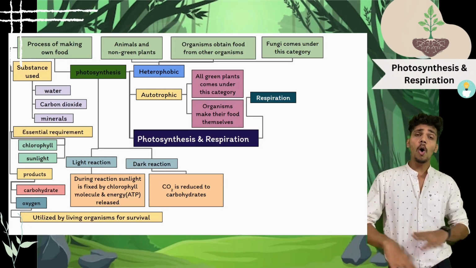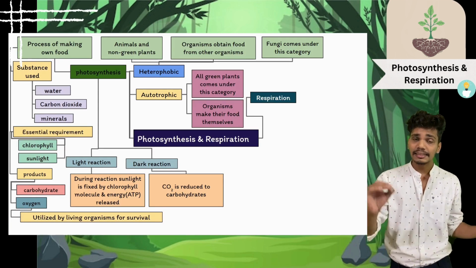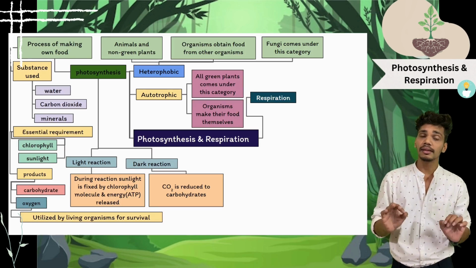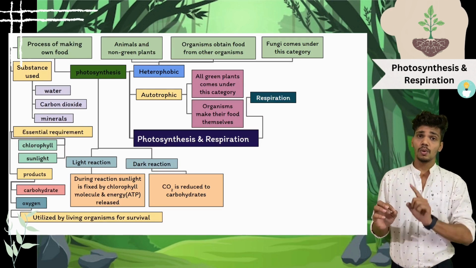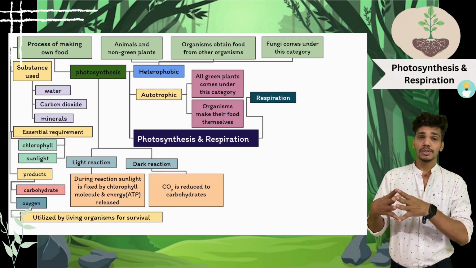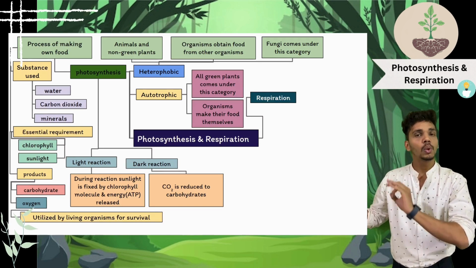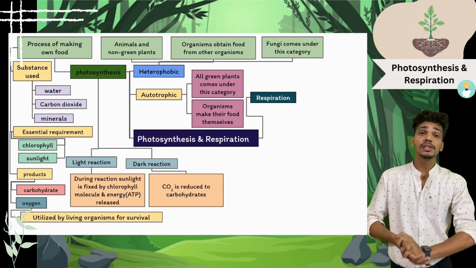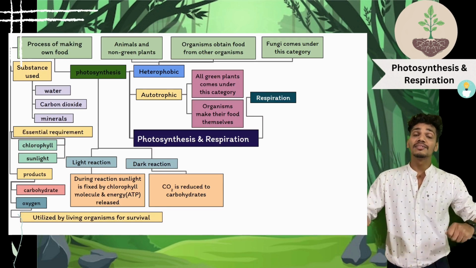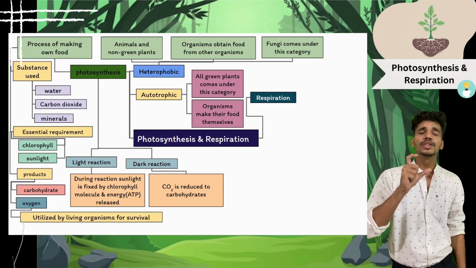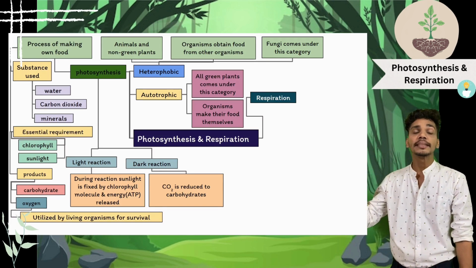So respiration is the whole process inside each and every cell where oxygen goes, chemical combustion occurs and energy is released. Which energy? ATP, adenosine triphosphate. So respiration is a process in which the organism receives energy, and breathing is just a part of respiration.